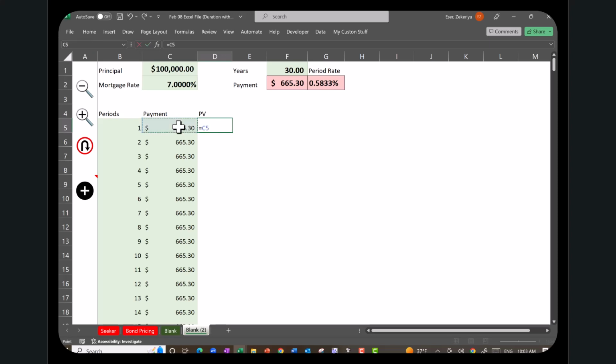And that's the payment divided by 1 plus the period rate, which is a fixed number, raised to the power number of periods.